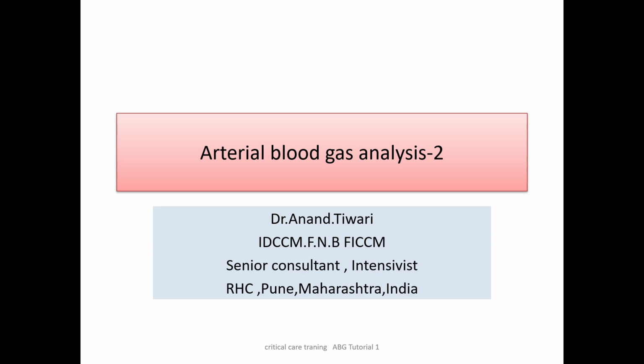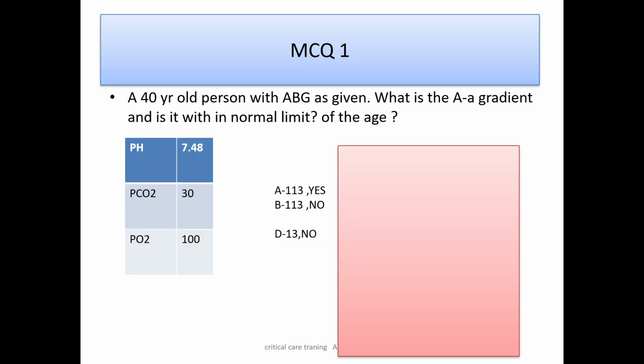Starting from where we ended, I gave a question to solve in the last session, where a 40-year-old male on room air, we wanted to calculate the alveolar arterial gradient and to know whether it is normal for his age.